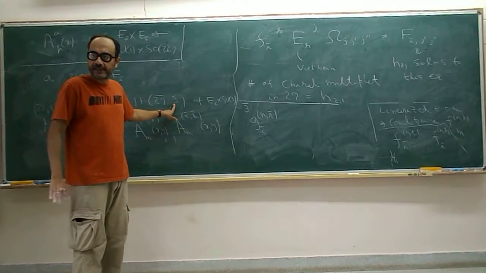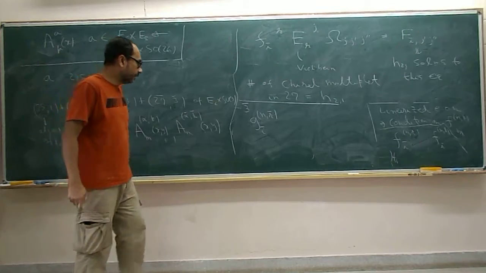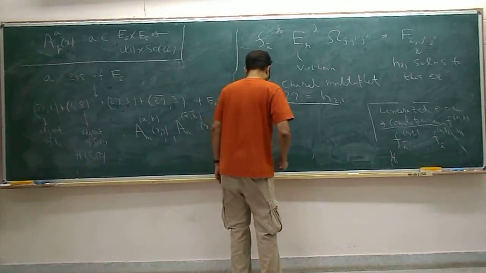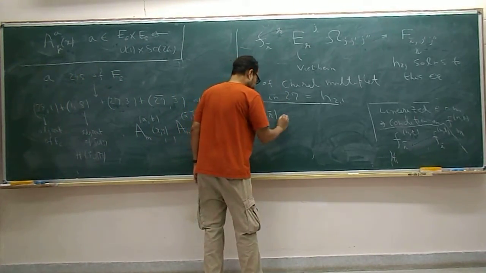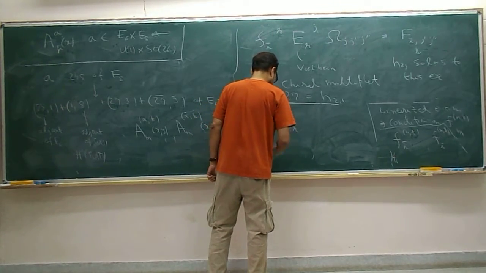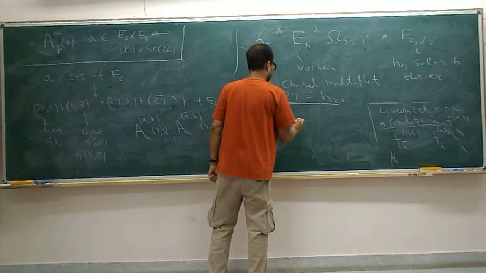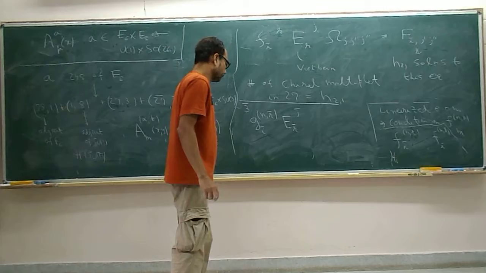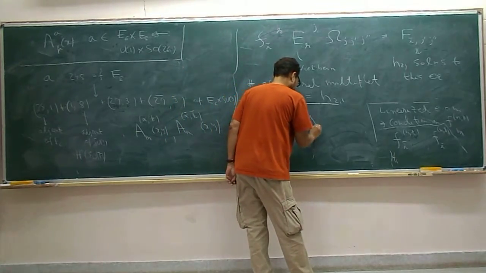Just repeat the same analysis, but this will be 3 bar. So what we can do now is again multiply by E R bar J bar, and then multiply it by G.